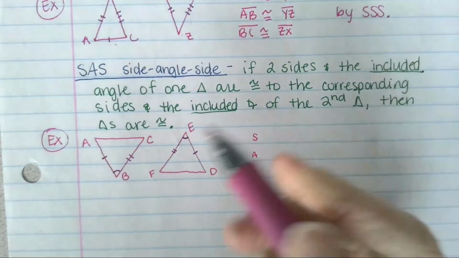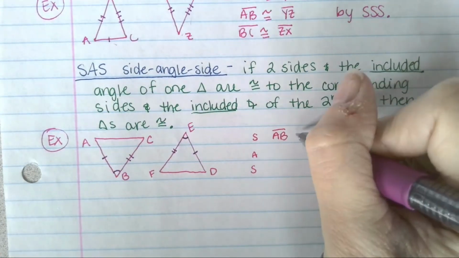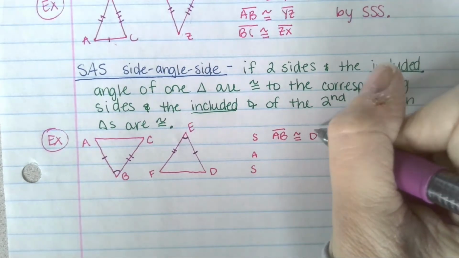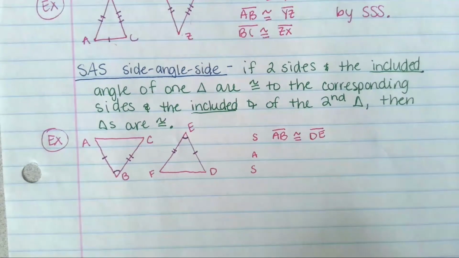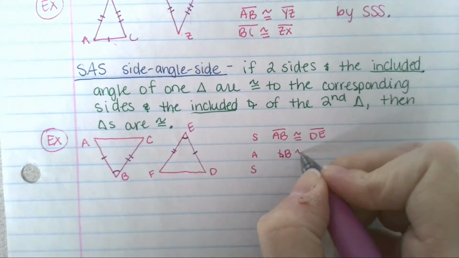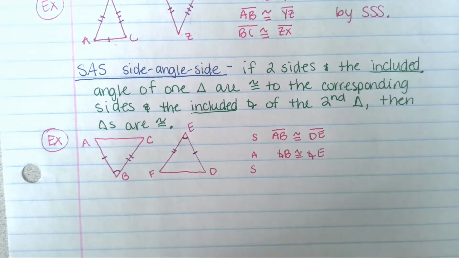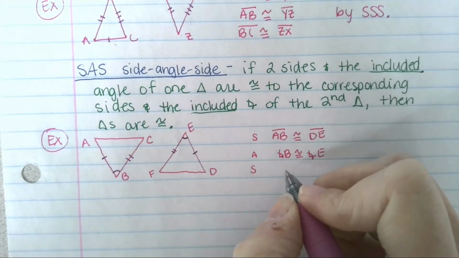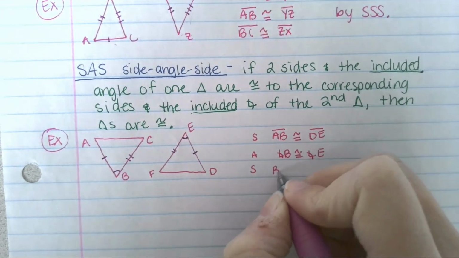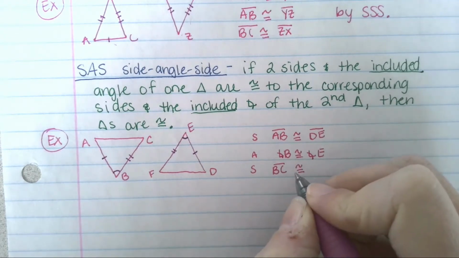So our first side is going to be side length AB, congruent to side length DE. And then our angle, we have angle B, congruent to angle E. And then lastly, we have side length BC, congruent to EF.